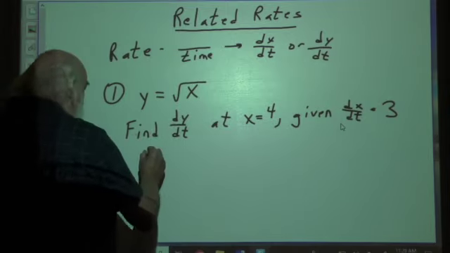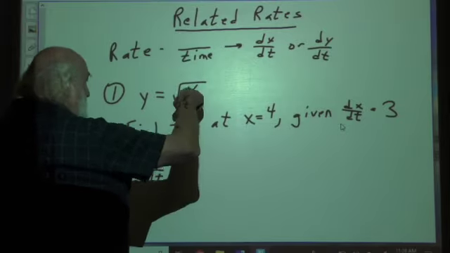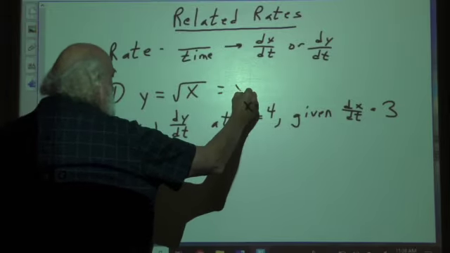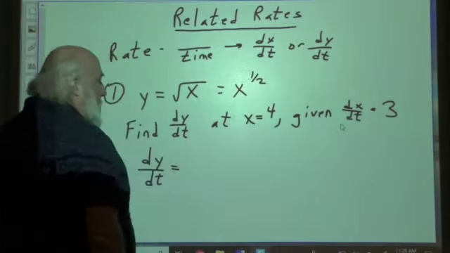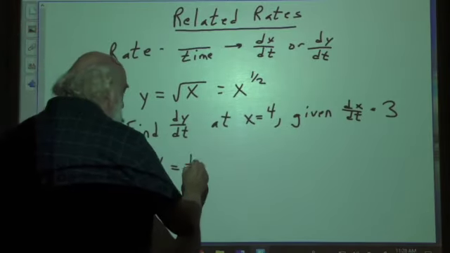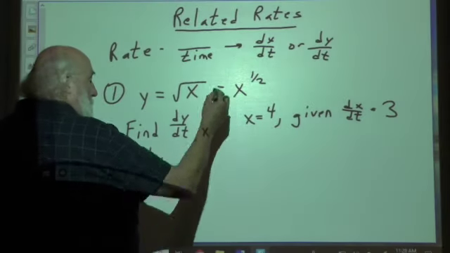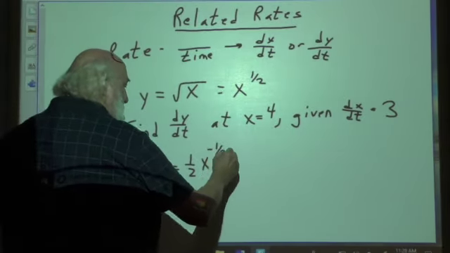So this becomes dy/dt equals, now this can be rewritten as x to the 1/2 power. The 1/2 comes down front, and then you subtract 1 from 1/2 and get negative 1/2.